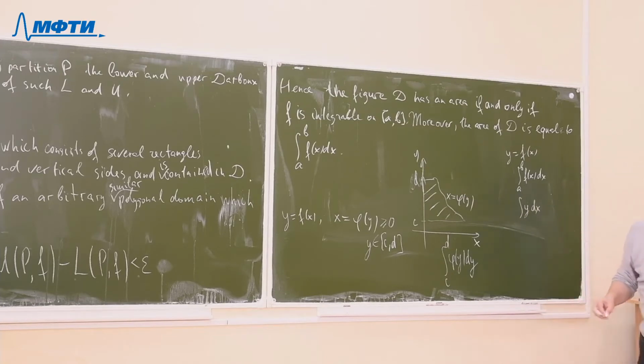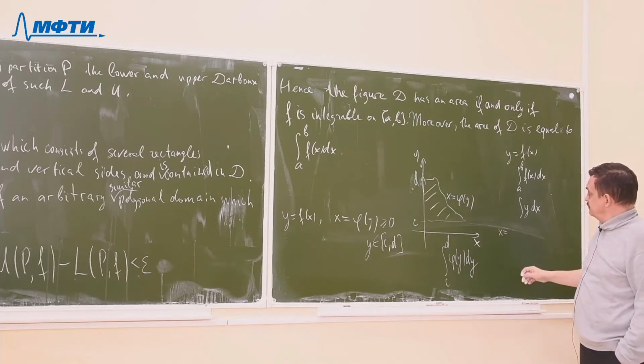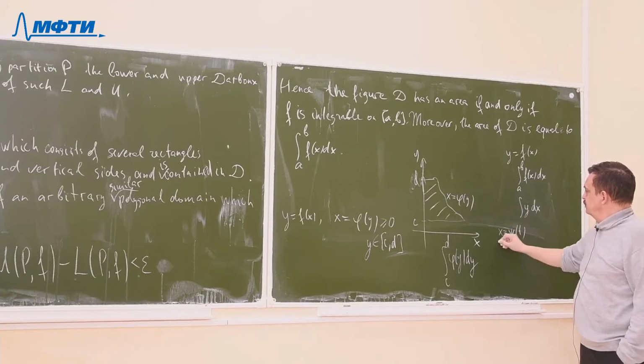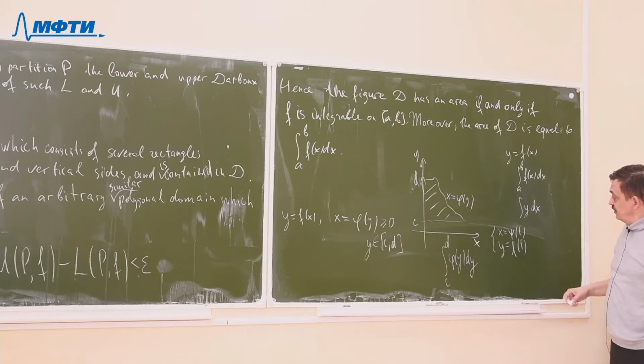And then if we have x equals psi of t, y equals phi of t, so a parametric curve, then how can we compute the area?